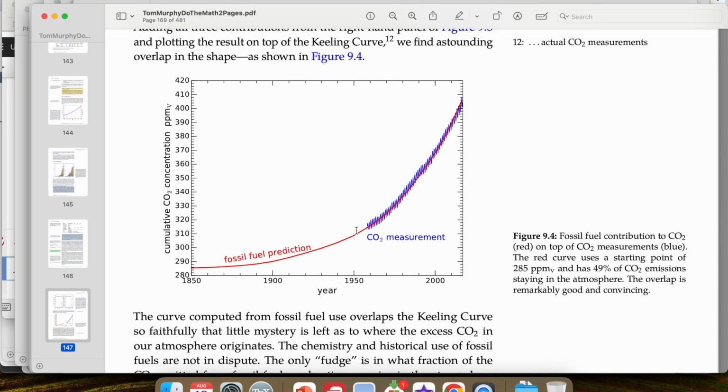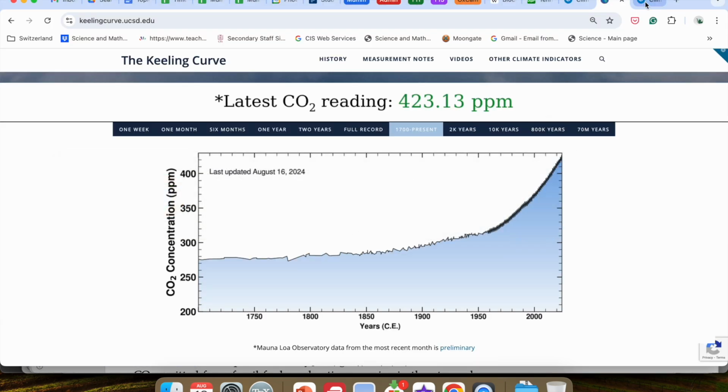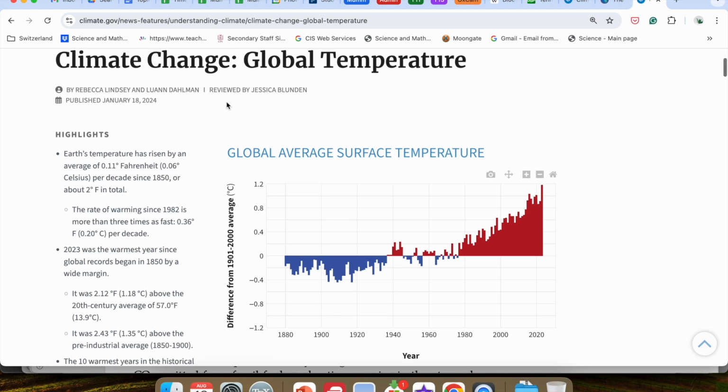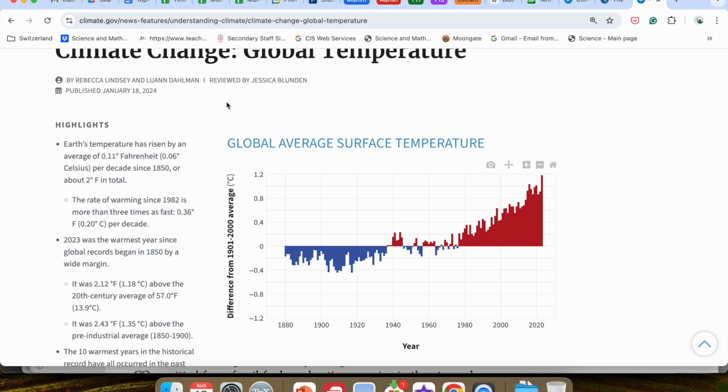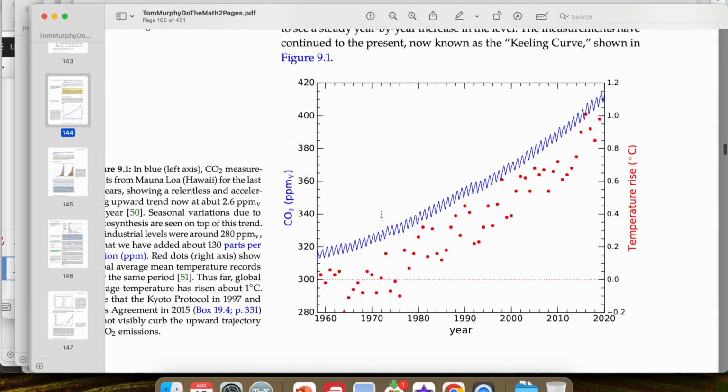Then you might ask yourself, well, what's the problem with that? Well, the problem is we have also measured the average surface temperatures on Earth, and we have been doing that also for centuries. And we can see that the average surface temperature on planet Earth is actually increasing. There's again a very obvious, clear trend of the temperature increasing, as you can see. And we know that that actually correlates with the rising levels of CO2.